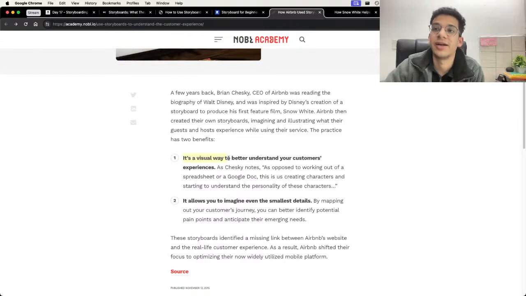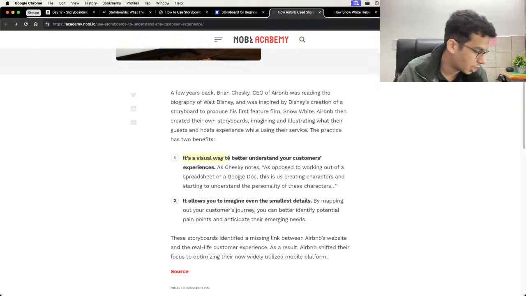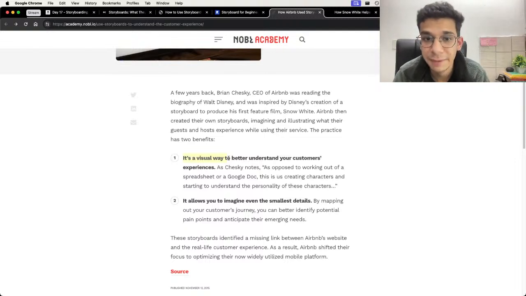You understand with much more context, and much more detail of what the user is actually going through. It helps you imagine, and even the smallest of details get caught, get prioritized, and get discussed and clarified, so that eventually when it comes to delivery, you don't have any sort of issues and everyone is aligned to build the product for that goal.